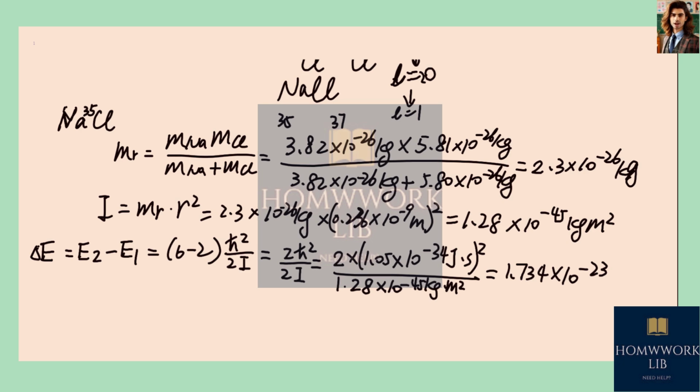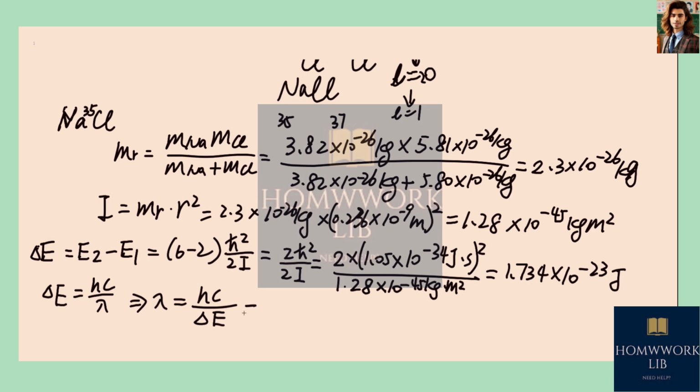And then the next step is, if we already know what the energy is, we need to find the wavelength corresponding to this energy. The wavelength can be found from the energy equals hc over lambda. So the wavelength lambda is equal to hc over delta E, and delta E we found in the previous section.